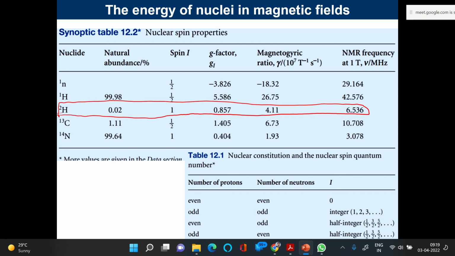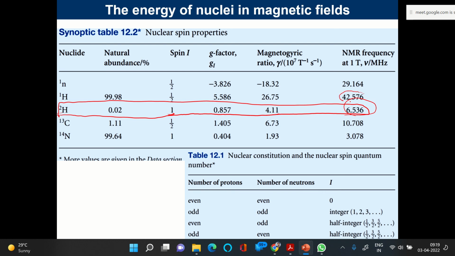If you are asked why you use deuterium, mark my word, do not say deuterium is magnetically inactive. No, it is magnetically active. It has a spin quantum number of 1, a g factor, a magnetogyric ratio, everything. Frequency is also defined. It will appear at a different frequency.